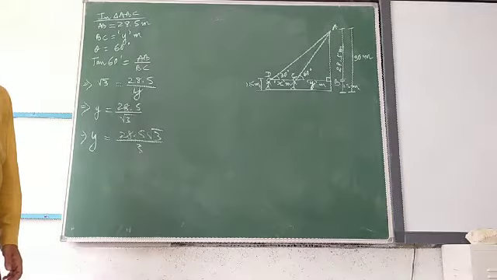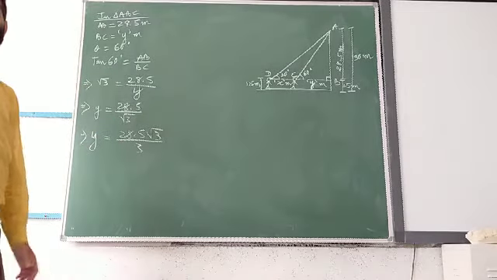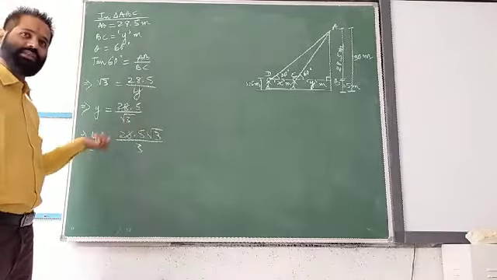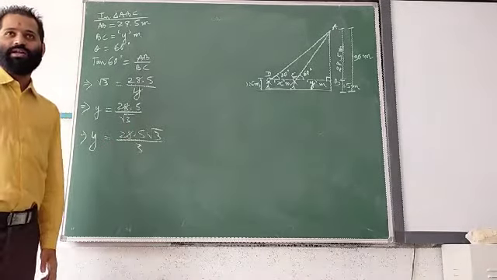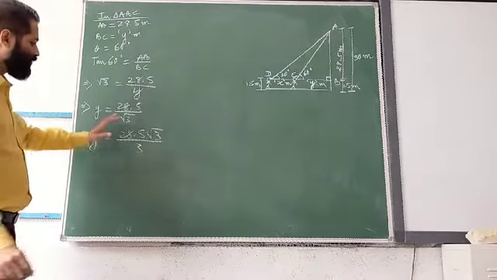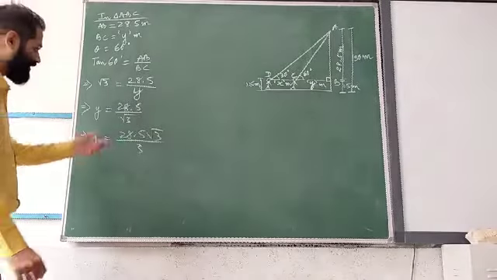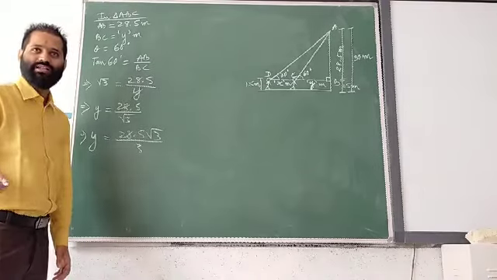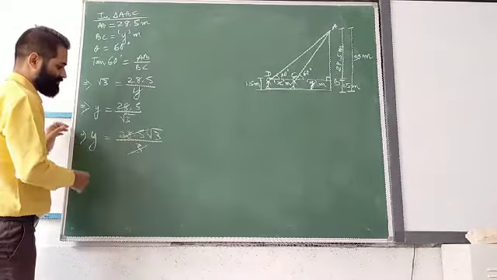That's why I have taken it, so that it will be cancelled and it will be easy for me to calculate. If the number is something other than 3, then I will not do rationalization. Is it clear? If you don't rationalize also, no issue. You get the same answer. But if I rationalize this, it will be a little bit easy. The number will become small. So if I cancel with 3, what will I get?